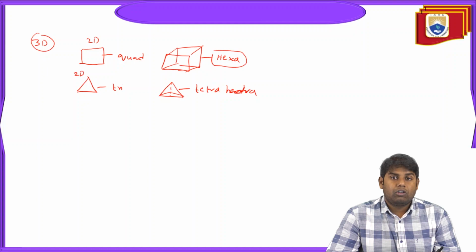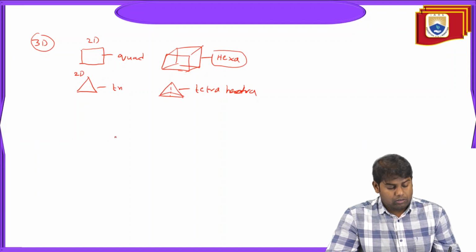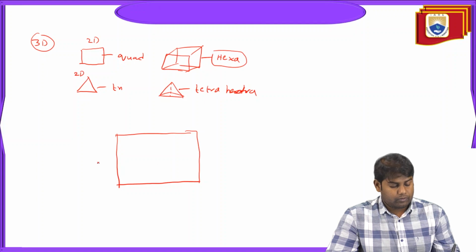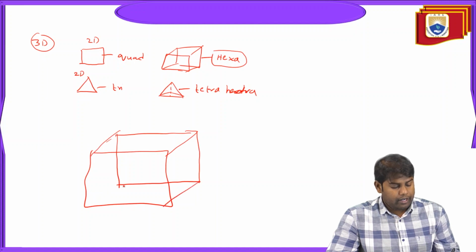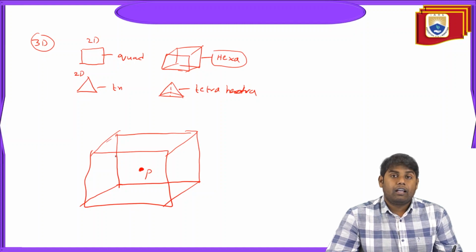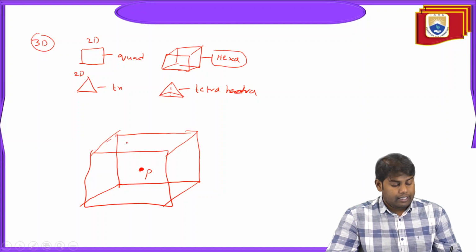Now when we are doing this finite volume method, let us take the hexahedra cell to first mark it. So how do we see the point of interest for the three-dimensional one? So we draw a cube. Okay, so we draw a cube. For this cube, we will locate this point of interest P. So this is what we have for the finite volume method in 3D.